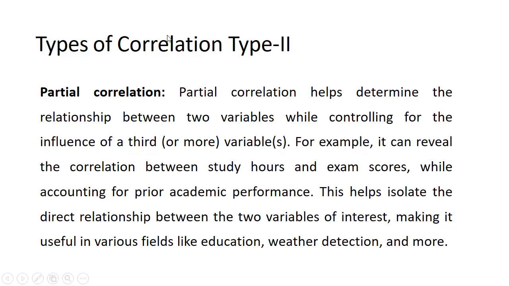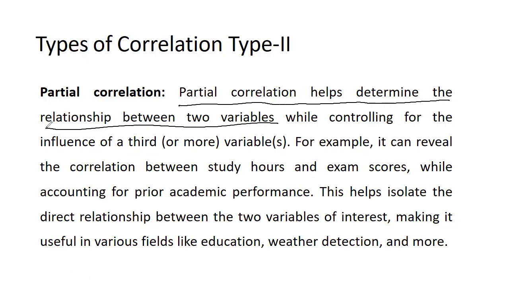Then the partial correlation. Partial correlation is a type of multiple correlation, and it helps determine the relationship between two variables.